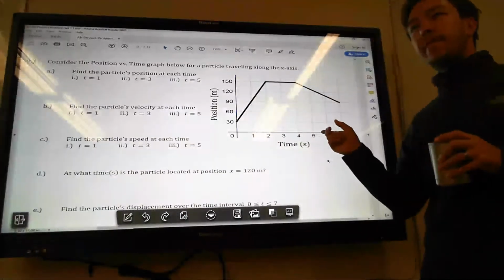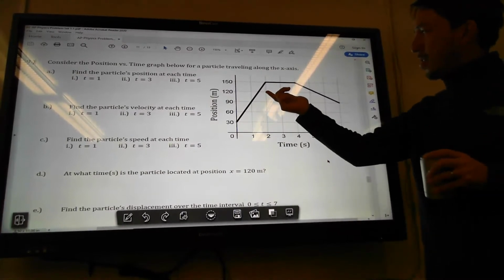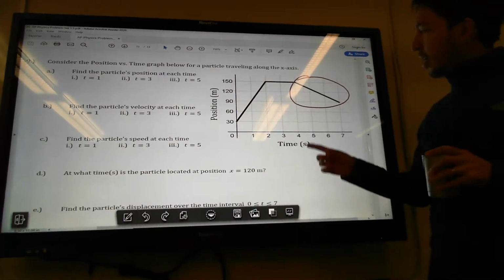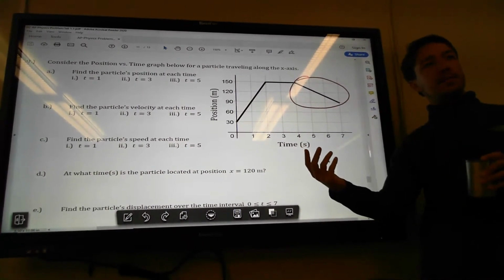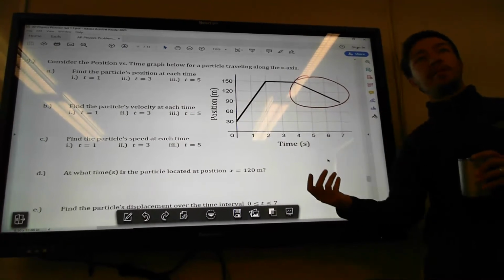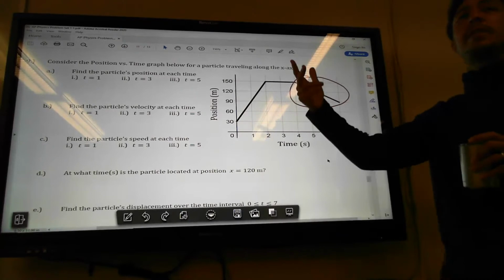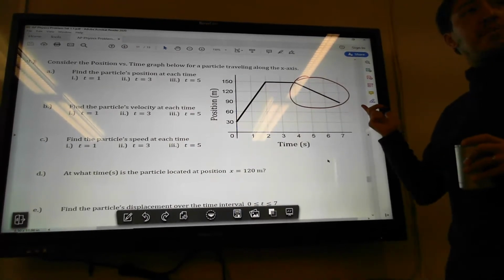Why in this graph is the average speed so much higher than the average velocity? It's because we went backward. When you go backward, you're subtracting from the displacement. So this whole time you were decreasing the overall average velocity, but you were increasing the average speed because you were moving.